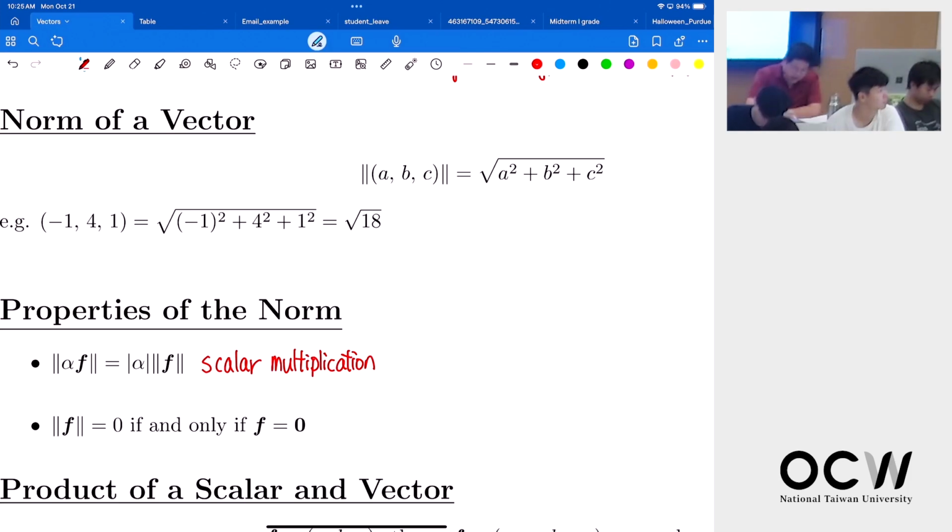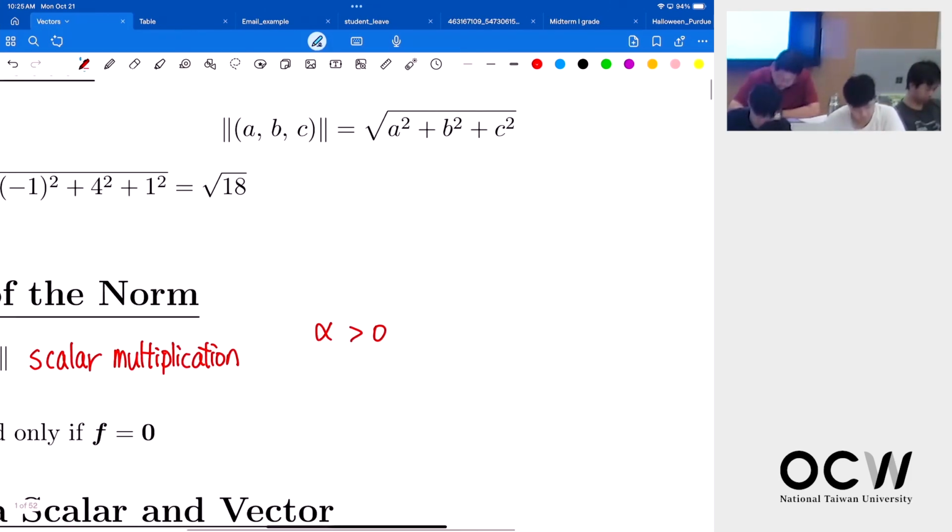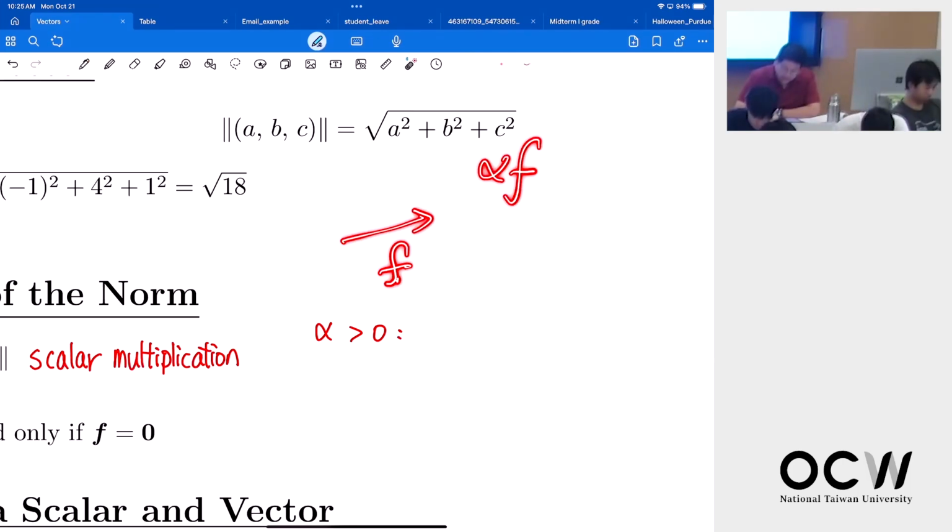If alpha is greater than 0, this is f, and if I multiply by alpha, with alpha greater than 0, then I have this new vector in the same direction.